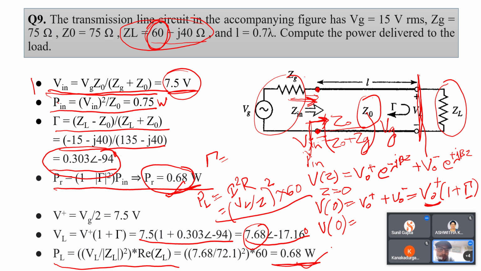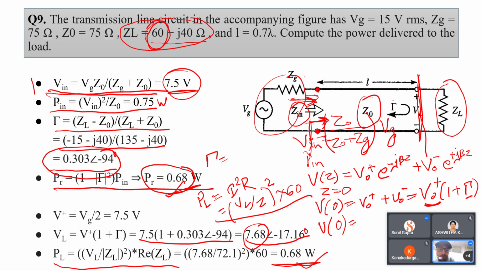Sir, initially you told that the generator will see the characteristic impedance, but I think the generator should see Z in as the impedance connected to it. No, no, no. See, when will Z in play a role?